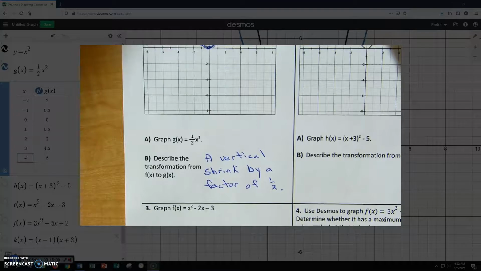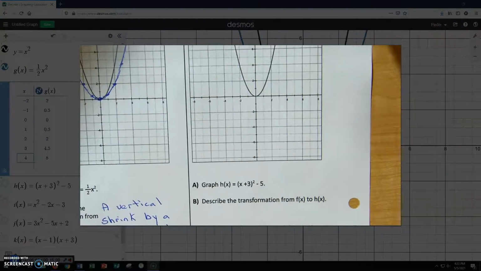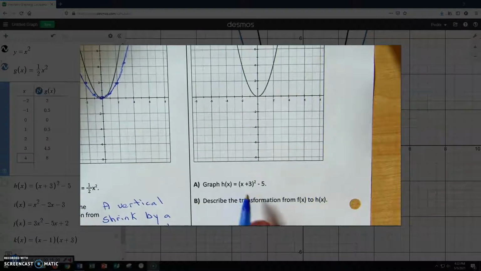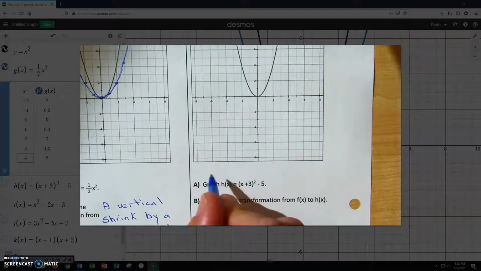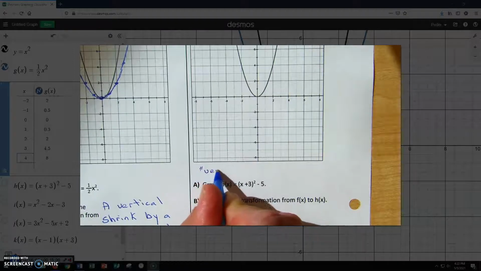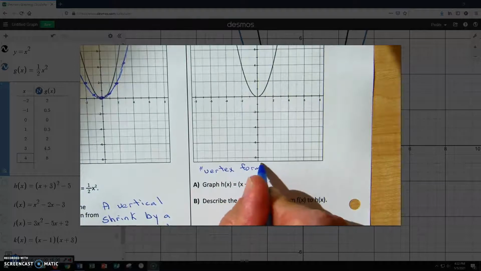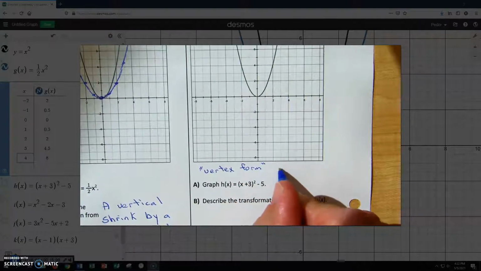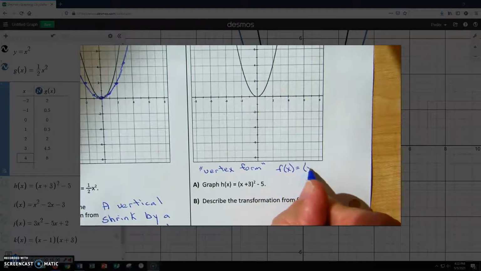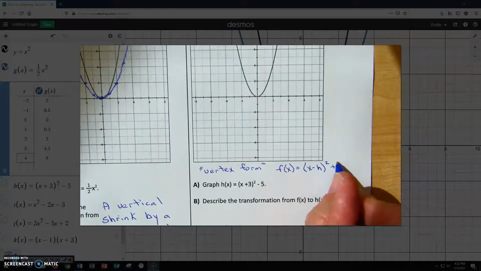I'm going to move over to the next one, and you can see that my next graph has a different form here. So this form is actually what we call Vertex Form. And it's called Vertex Form because by looking at it, you can tell what the vertex is. So you would normally have f of x is equal to (x minus h) squared plus or minus k.